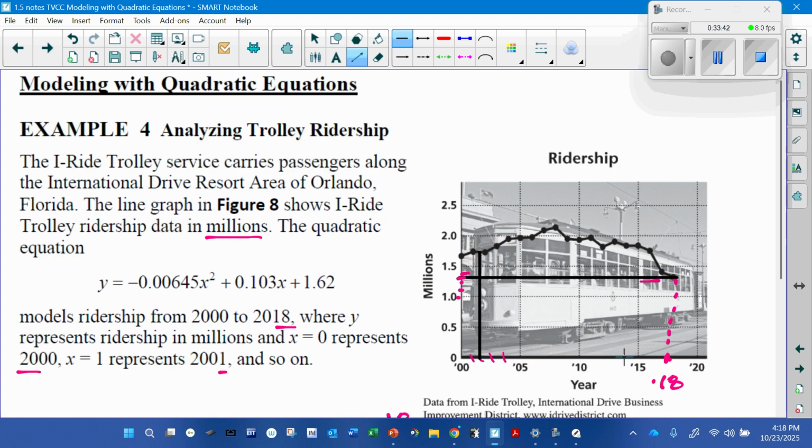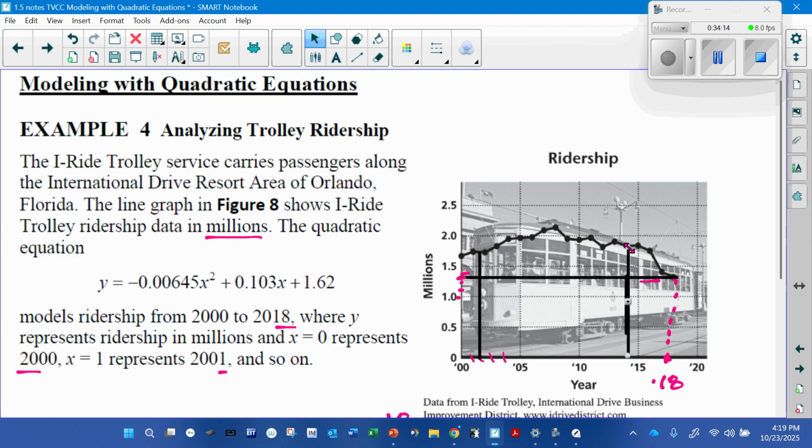And then 2014 would probably be closer to here, and we look again. The year 2002 corresponds with x equals 2, and according to the model, the ridership reached 1.8 million in 2002. This outcome closely matches the line graph and seems reasonable. It's pretty close. And in 2014, that would be this line here.